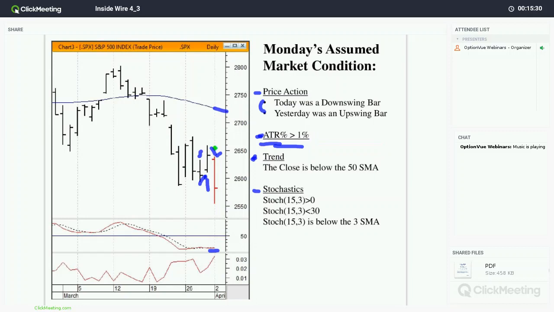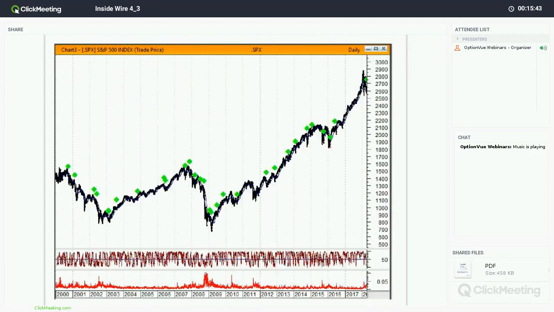All this makes for a market condition that's only occurred roughly, I'm going to say, 29 times since Jan of 2000. In my MetaStock program, I can dial in that exact market condition, go back and view all 29 occurrences in the past.